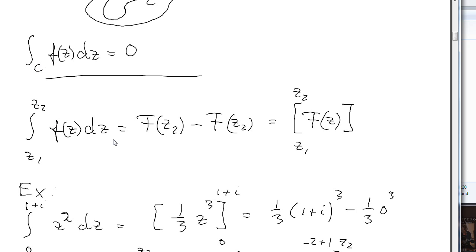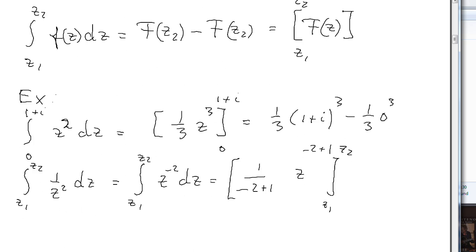And in this case we have that f of z has an antiderivative, so this integral is equal to the antiderivative F of z2 minus F of z1. Sorry for this misprint. And we write as we do in the real case, exactly as we do there. It's possible to prove this, and this is very useful in many situations.